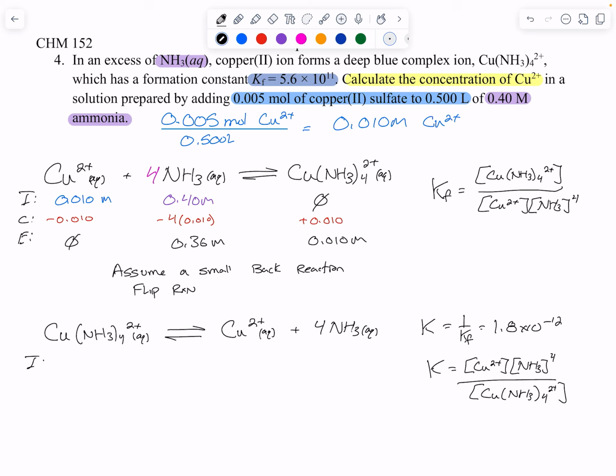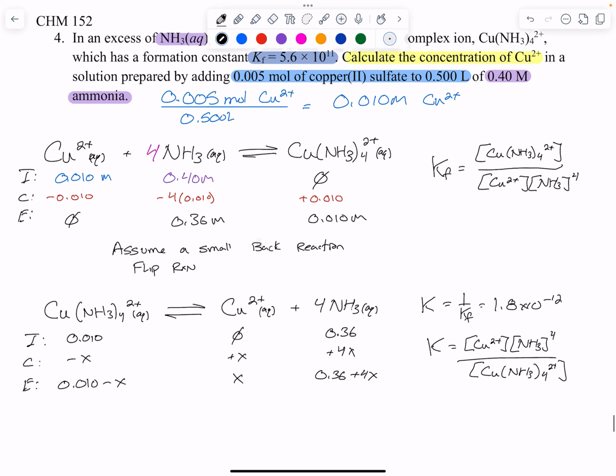All right, another ice table, your favorite. So our concentrations, we had 0.010, nothing, and 0.36. Minus x, plus 4x. And so we'd have 0.010 minus x, and 0.36 plus 4x.